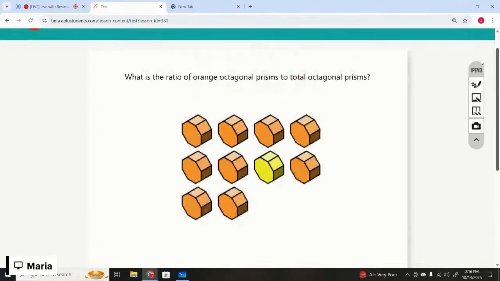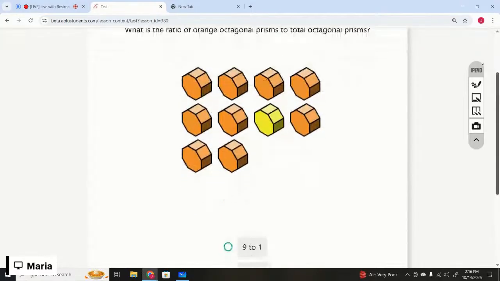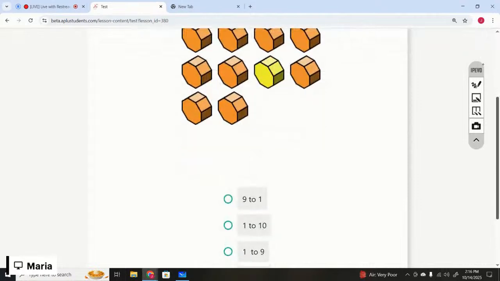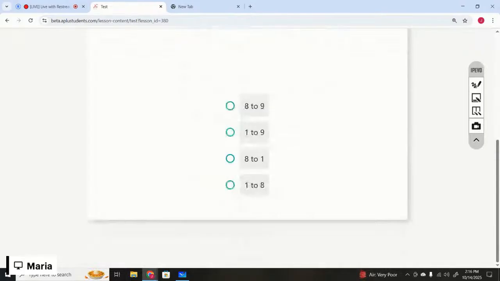What is the ratio of the orange octagonal prisms to total octagonal prisms? We have 9 orange prisms to 10 total prisms, so that is 9 to 10. Option number 4 is the correct option.